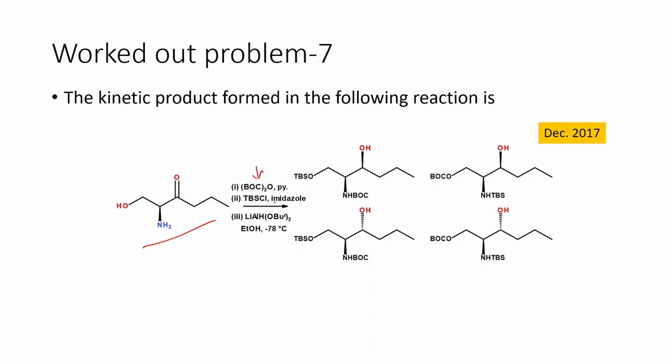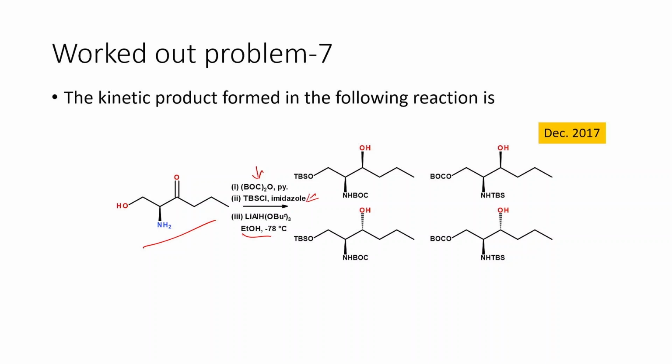The second one is TBS chloride or TBDMS chloride, tert-butyl dimethyl silyl chloride, in the presence of imidazole. And the third one is lithium tri-tert-butoxyaluminium hydride, a reducing agent, in the presence of ethanol at minus 78 degrees centigrade.